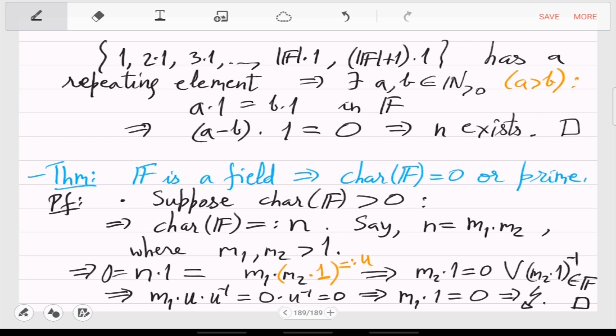Because m1 and m2 were smaller than n, right? They are factors, so they are less than n. So U cannot be 0. If U cannot be 0, then you can multiply by U inverse and you will get m1 times 1 equal to 0, which will again contradict characteristic equal to n. Is this clear?